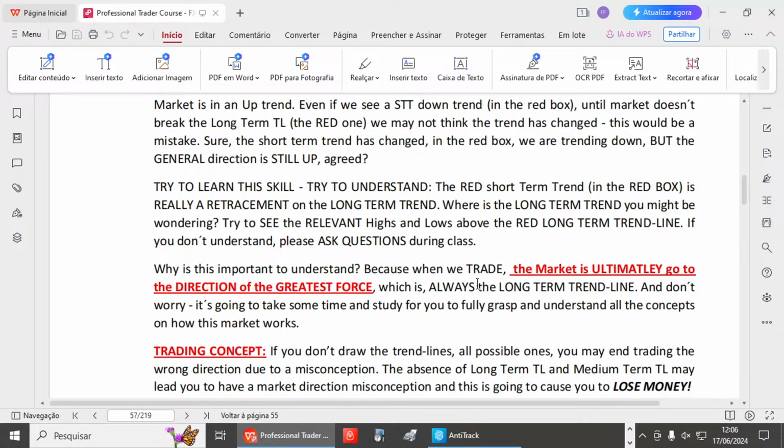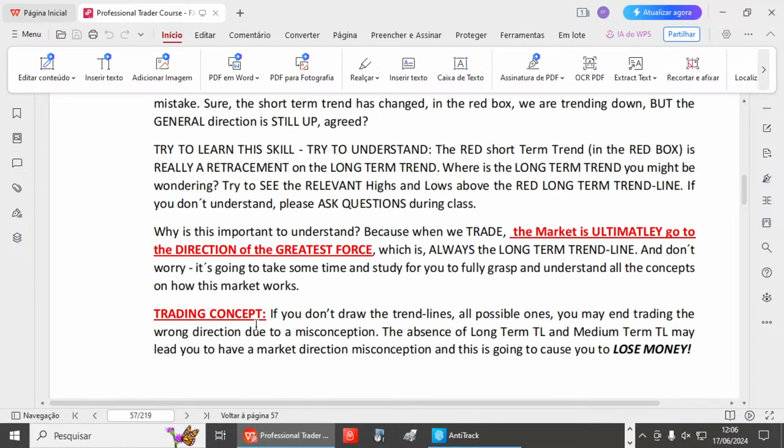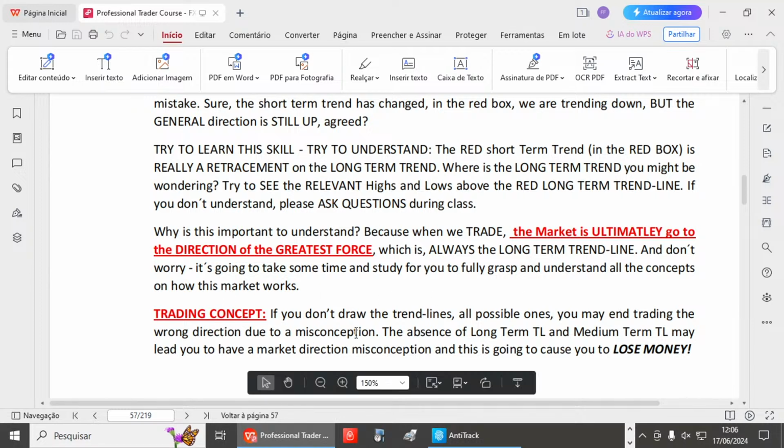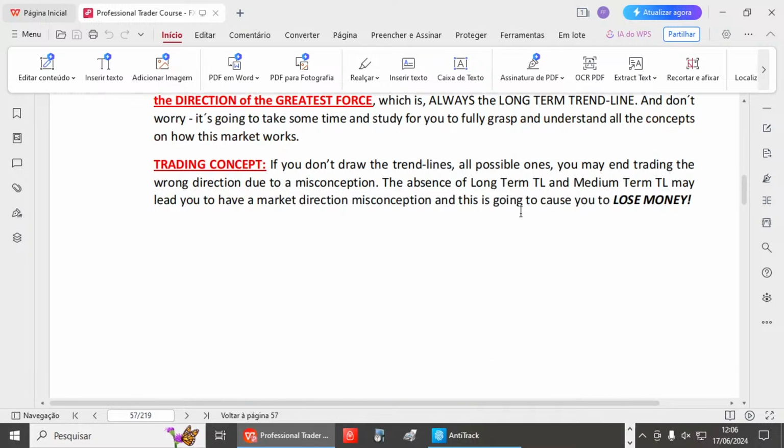Because when we trade, the market ultimately goes in the direction of the greatest force. Trading concept: if you don't draw the trend lines, all possible ones, you may end up trading the wrong direction due to misconception. The absence of the long-term trend line and the medium-term trend line may lead you to have a market direction misconception, and this is going to cause you to lose money.